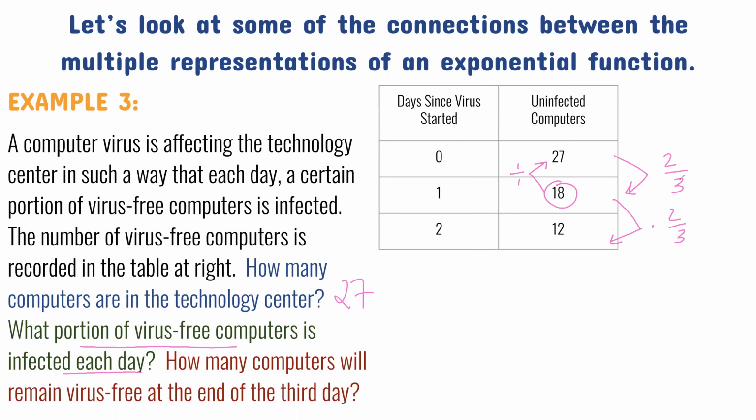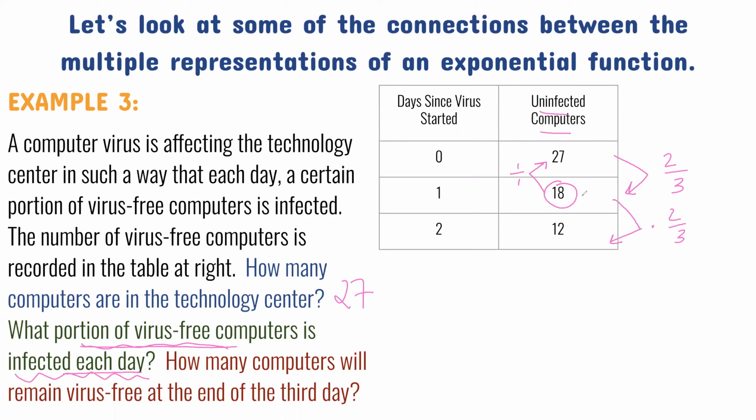Now here's the tricky part. 2/3 is the multiplier, but it's asking for what portion of them is infected each day. This multiplier is telling you how many are uninfected, but it wants to know how much is actually infected. So this one threw a little curveball.